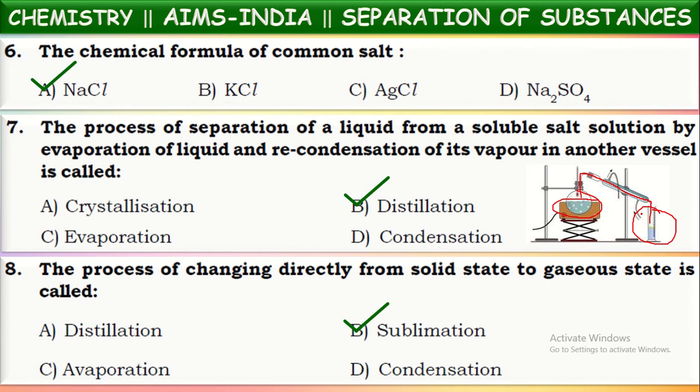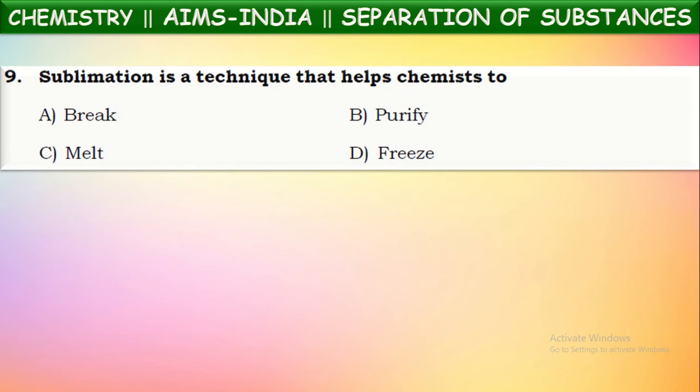Okay, next. Sublimation is a technique that helps chemists. For what purpose do they use sublimation? Generally, they use this technique to purify chemicals, because sometimes chemicals contain a mixture of sublimable and non-sublimable substances.